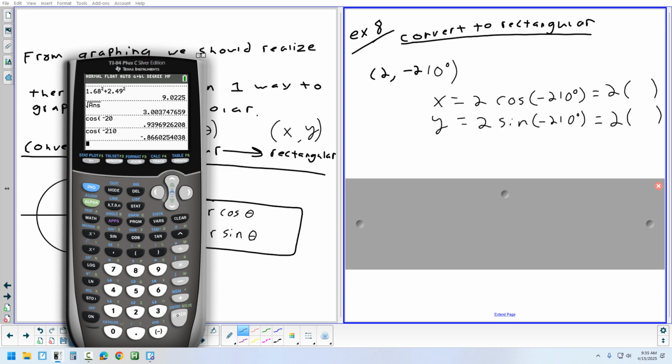Well, it's negative, but what is negative 0.866 from our unit circle? Root 3 over 2, so that's negative root 3 over 2. Okay, we need to know that. So we'll put that in right there.